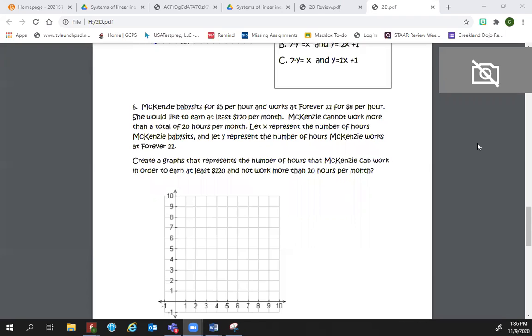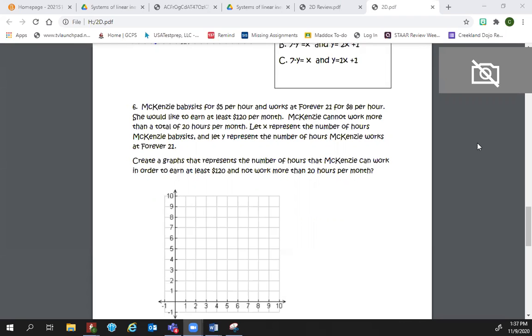Mackenzie cannot work more than a total of 20 hours per month. Let X represent the number of hours she babysits, and Y represent the number of hours Mackenzie works at Forever 21. Create a graph that represents the number of hours that Mackenzie can work in order to earn at least $120 and not work more than 20 hours per month.